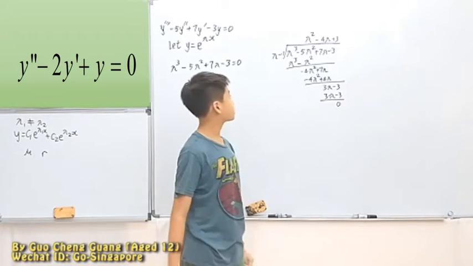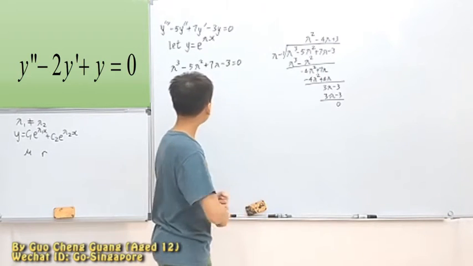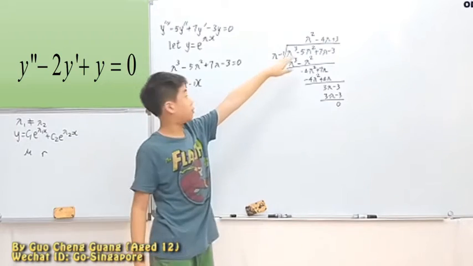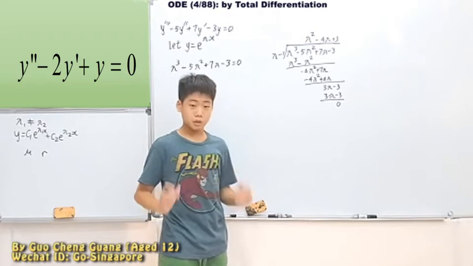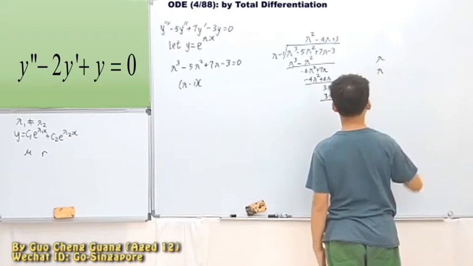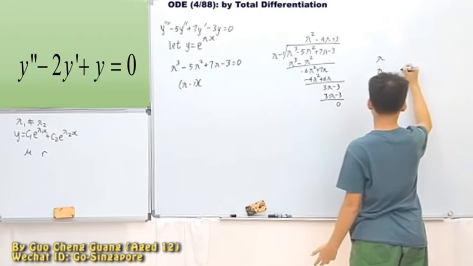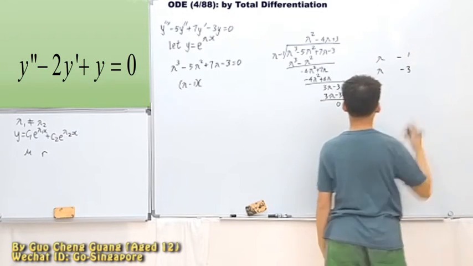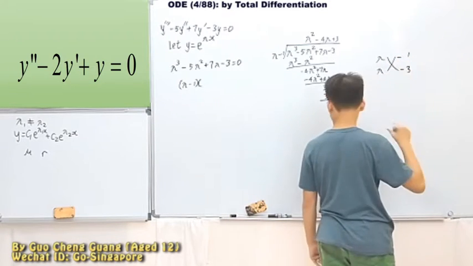This is alright. But how about this other part? It looks simple, and you can factorize it quite easily using cross multiplication. So lambda squared, most possibly is like this. The 3 means both of them have to be negative. And 3 is 1 and 3, and it's perfectly alright.